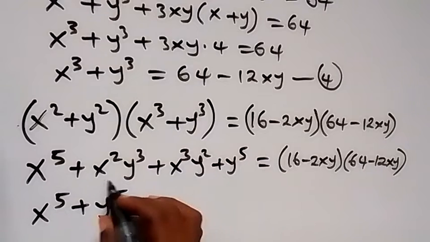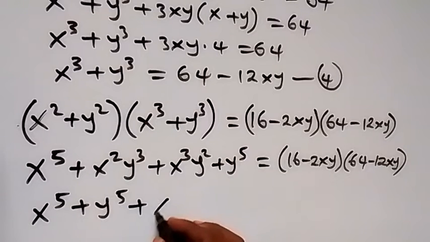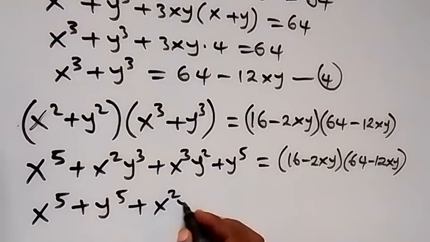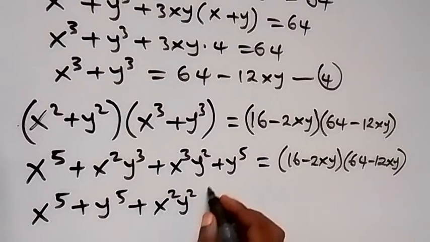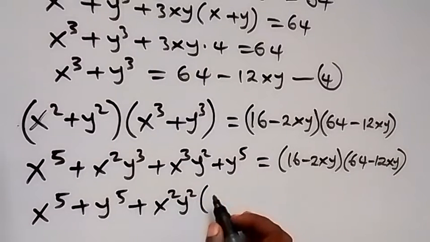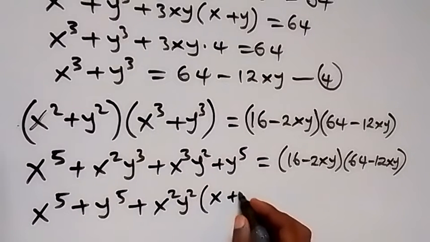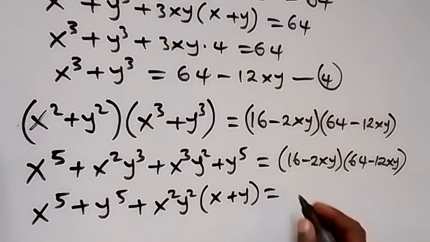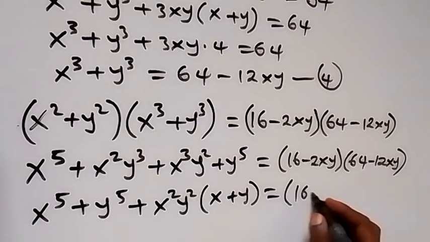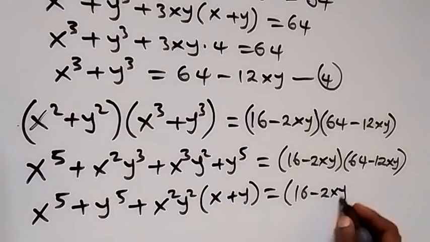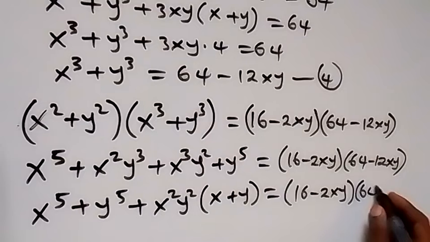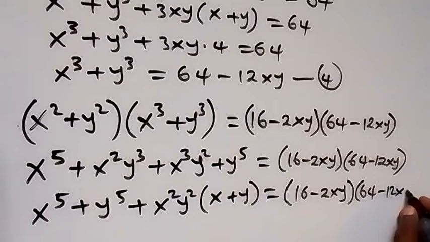Then plus, we can bring out what is common. We have x squared y squared common here, and what is left is y in one term and x in the other, so we can write it as (x plus y). Then equals, on this side, 16 minus 2xy times 64 minus 12xy. In the next step, we can substitute x plus y from equation 1, which is 4.